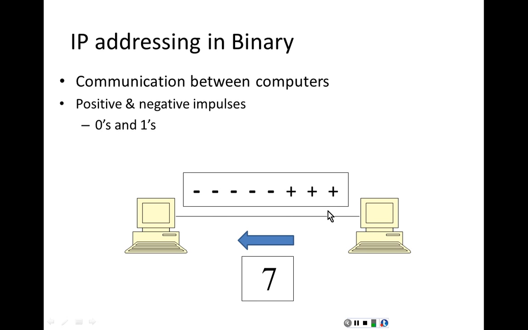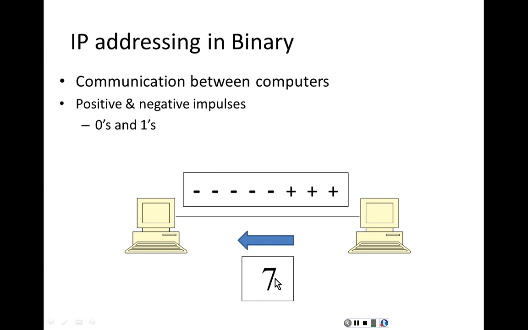And the answer is, when we take 8 of these bits together, that is called a byte. And different combinations of bits represent different values. This combination of bits, 5 negative impulses and 3 positive impulses, equals the number 7.